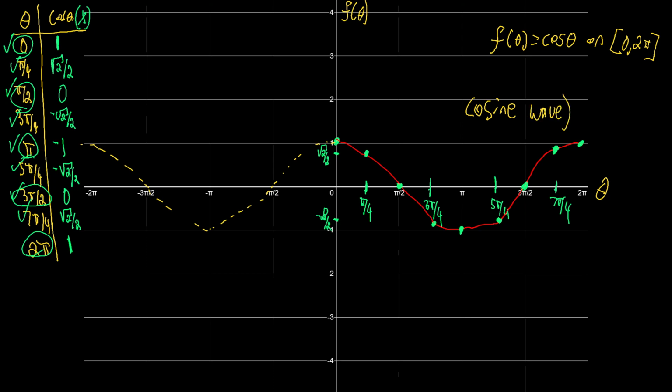And you may notice that if you just start back here and you go to right here, 2 pi over 2, if you look just between those two giant orange lines, it is the sine function. Because remember, the cosine function is just the sine function, but shifted pi over 2.